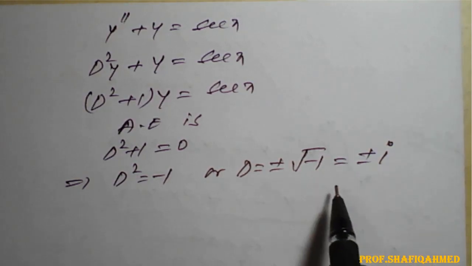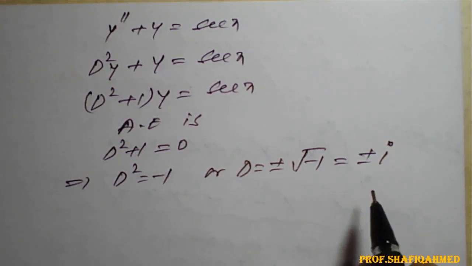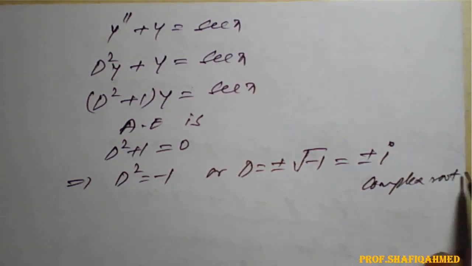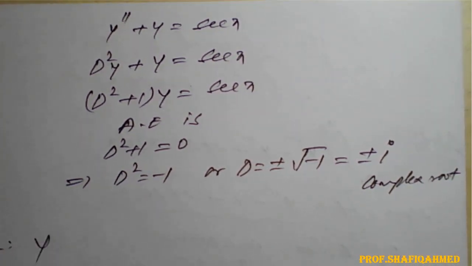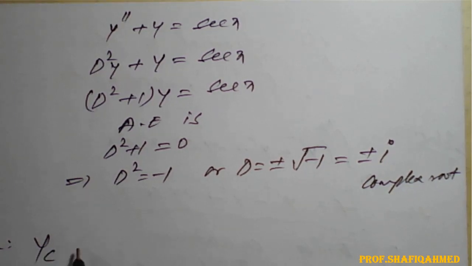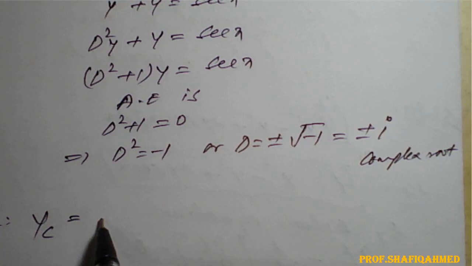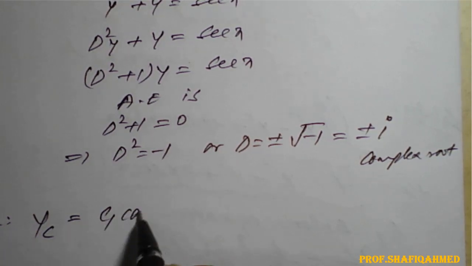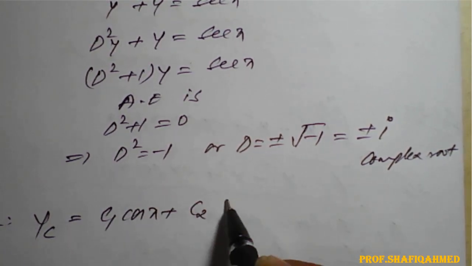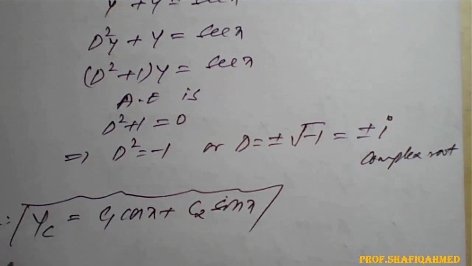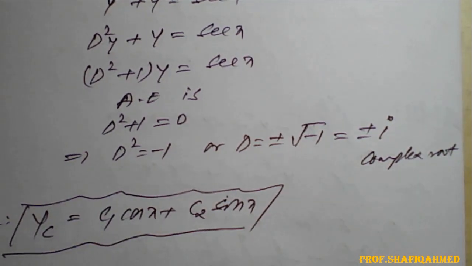So here we got a complex root. Therefore our complementary function, for the complex root, is given by c1 cos x plus c2 sin x. This is the complementary function.